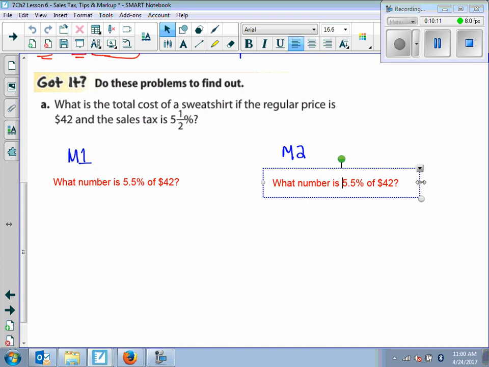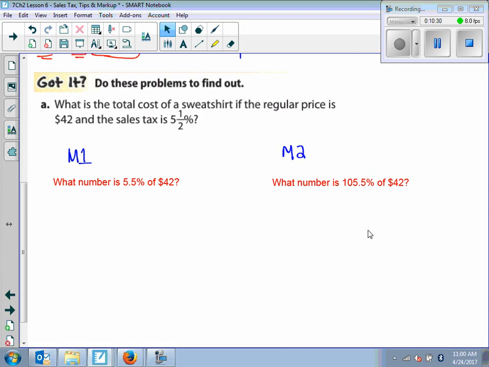How would I change this question? I would have to add the 5.5% to the 100%. So 100 plus 5.5 is going to be 105.5%. Is everybody with me?